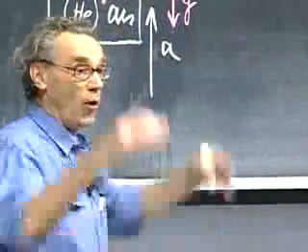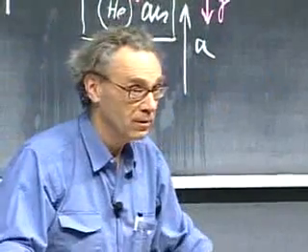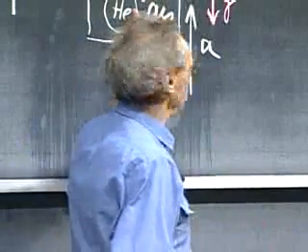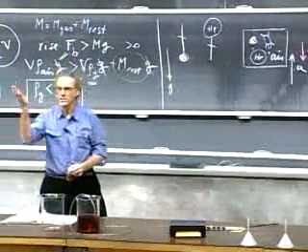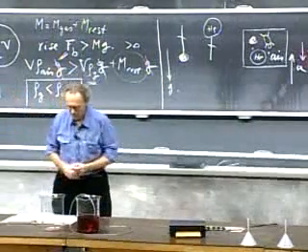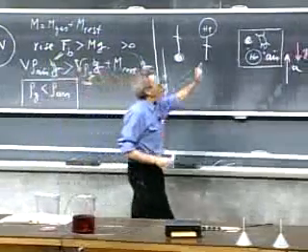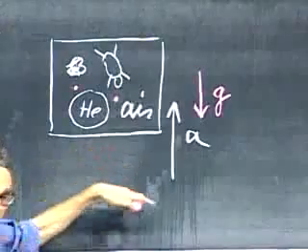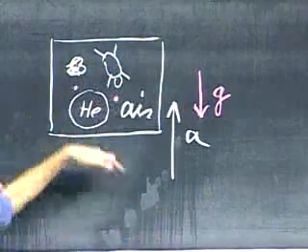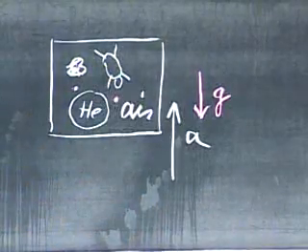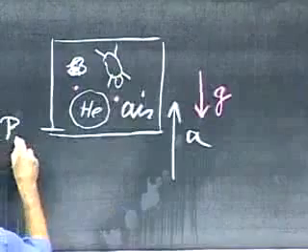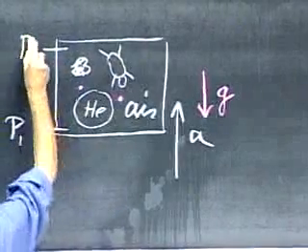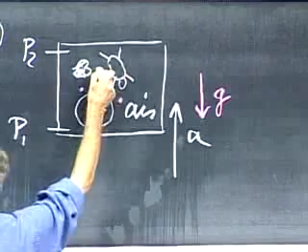The air wants to fall. But the balloon wants to go against gravity. The balloon will rise. The air wants to fall. So inside here, you create a differential pressure between the bottom, P1, and the top of the air, P2, inside here.